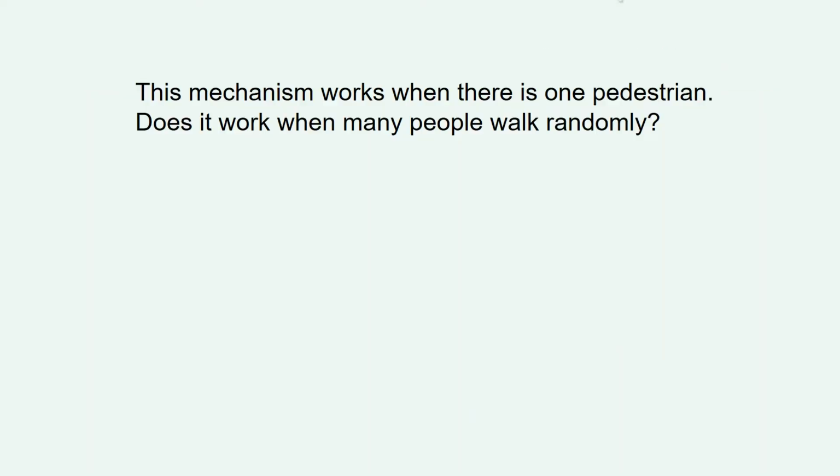There was one more thing to fully clarify the mechanism of this vibration. This mechanism of resonance works when there is only one pedestrian. But does it work when many people walk randomly? Suppose Mickey Mouse and Minnie Mouse walk together with the same frequency of 1 Hz.